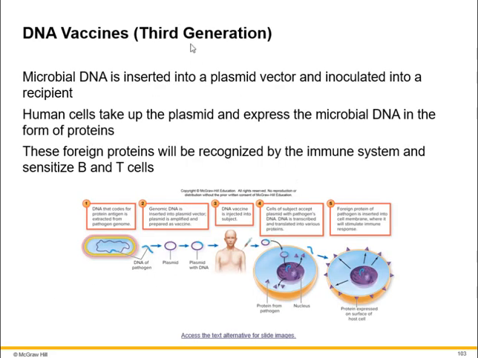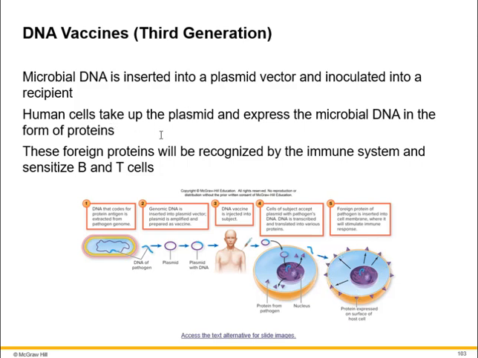So the third generation DNA vaccines, you have a microbial DNA inserted into a plasmid, and it serves as a vector. That means that's the method of getting it into the cell, and that's inoculated into the recipient. So we put it into a bacteria cell, or we just give them the plasmid altogether, and then the plasmid is taken up by the cells, and then they produce the antigenicity, the subunit, the piece of the virus or the bacteria cell, and sometimes it's presented on the surface like this.